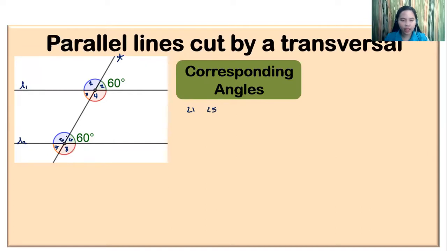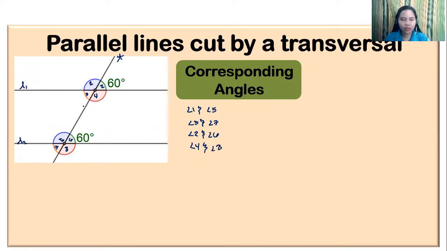They are non-adjacent on the same side of a transversal, one exterior, one interior. Another example, we have angle 3 and angle 7, angle 2 and angle 6, and angle 4 and angle 8.